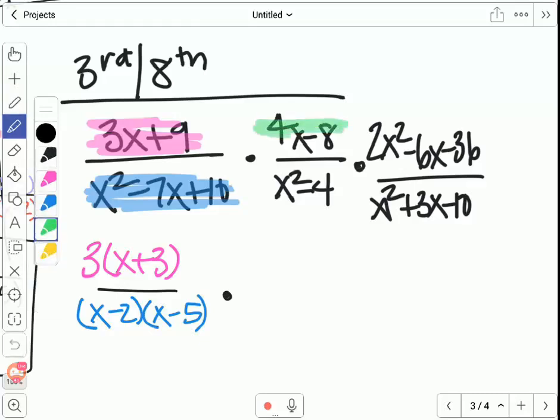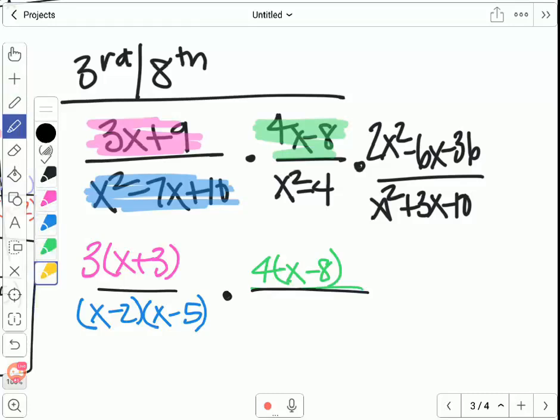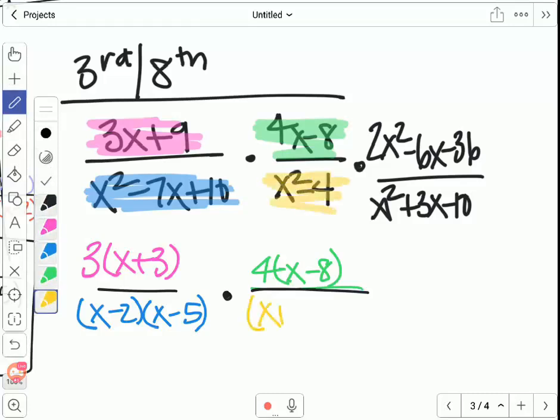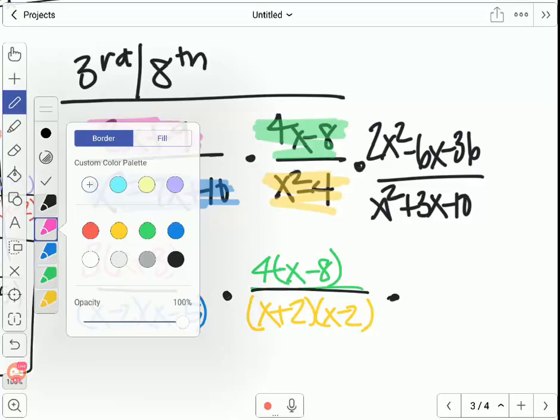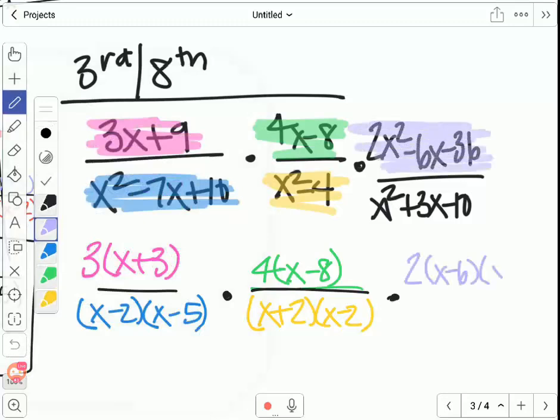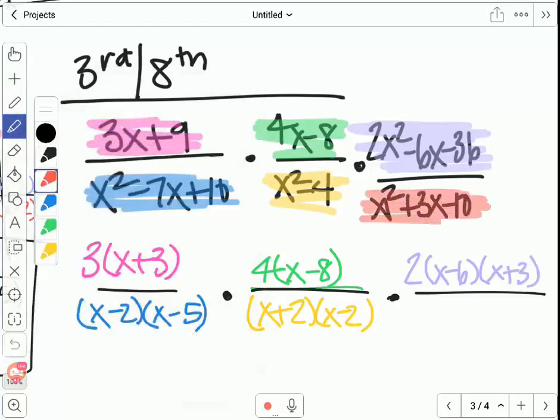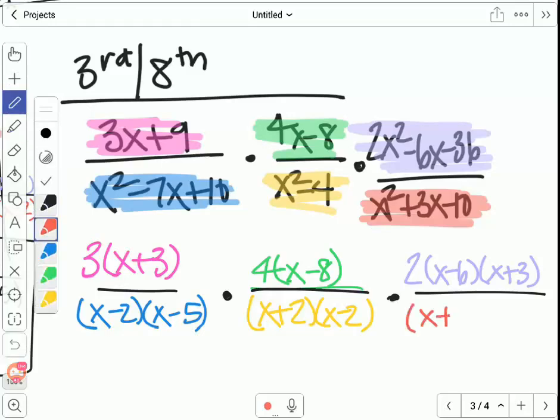Times 4x minus 8 factors into 4 times x minus 2, and that denominator factors into x plus 2 times x minus 2, times this numerator factors as well. 2x squared minus 6x minus 36 is 2 times x minus 6 times x plus 3, divided by, and the very last thing is that x squared plus 3x minus 10 is going to factor into x plus 5 times x minus 2.